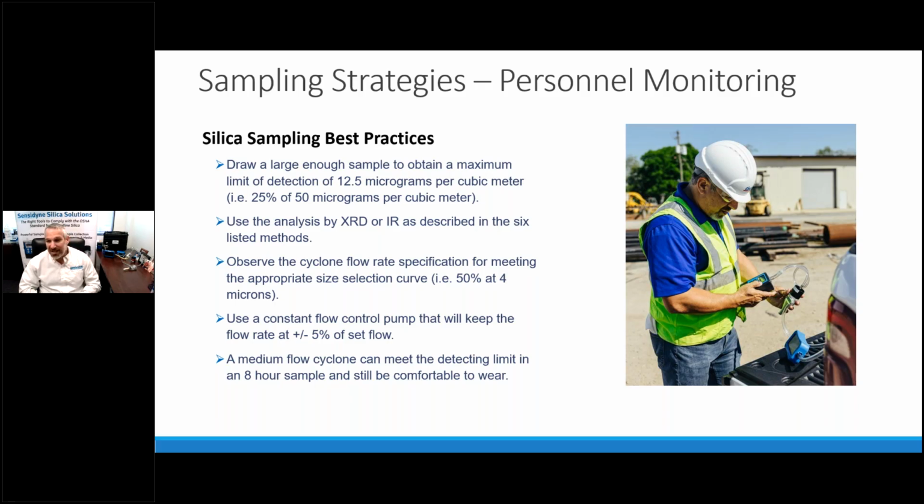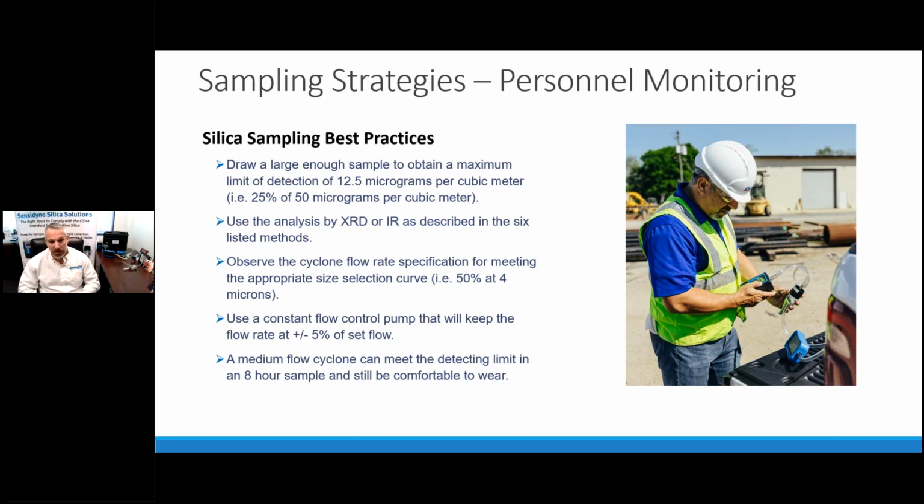So this is dictated by the manufacturer of the specific cyclone that you're using. So as the example I gave of 4.2 liters per minute, you want to be as close as possible to that exact flow rate to really make sure that you are capturing right at that 50% cut point for the 4 micron particle diameter size.